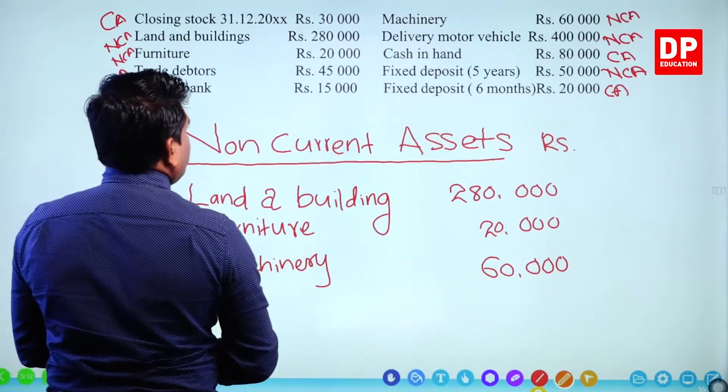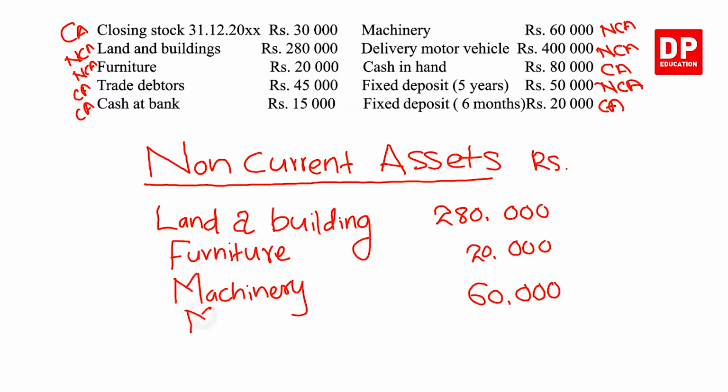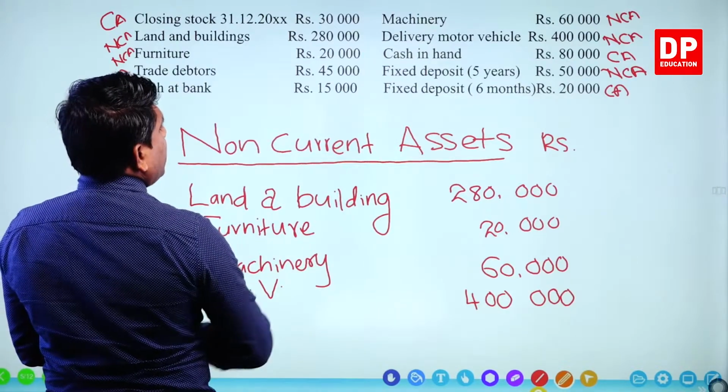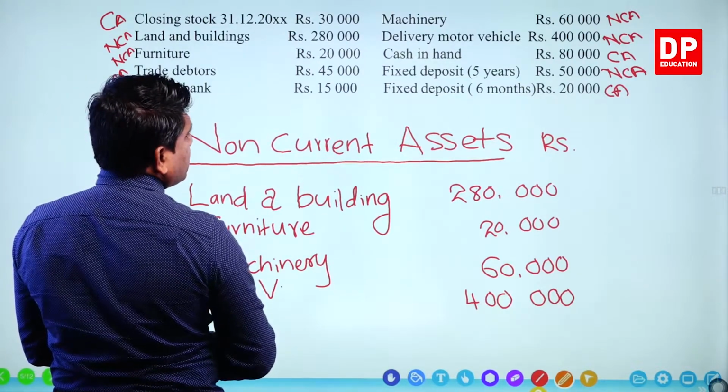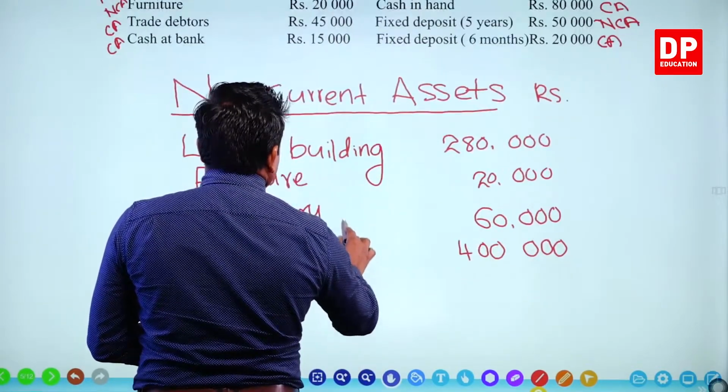Then delivery motor vehicles. I put here MV. MV means motor vehicle. Short word I use here. 400,000. Then fixed deposit, 5 years. I want to say something here.